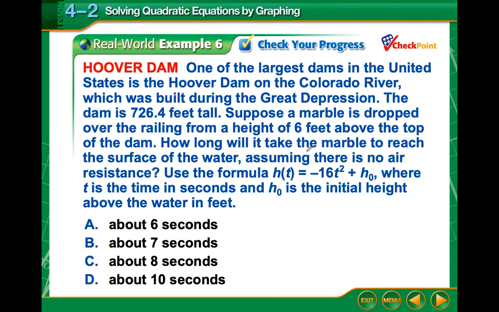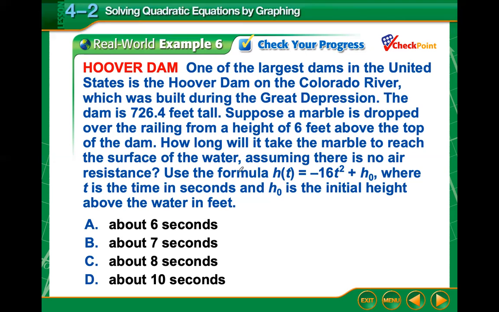The dam is 726.4 feet tall. Suppose a marble is dropped over the railing from a height of 6 feet above the top of the dam. How long will it take the marble to reach the surface of the water, assuming there is no air resistance, using the formula negative 16t squared plus h sub 0, where t is the time in seconds and h sub 0 is the initial height above the water.